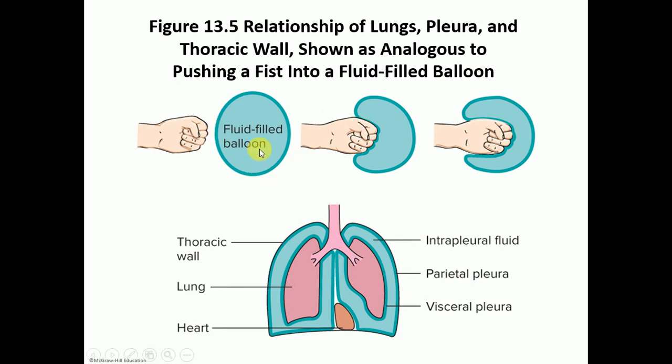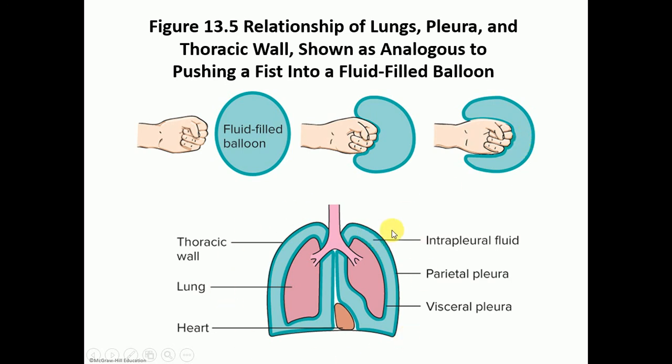If you think of a balloon filled with water, and you punch it, you get these two different layers. This would represent your parietal layer, and what surrounds the lung, or the hand in this experiment, would be the visceral layer, and that would be the space in between with the water filling up that space.